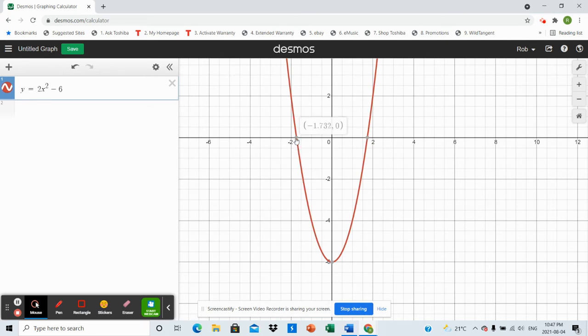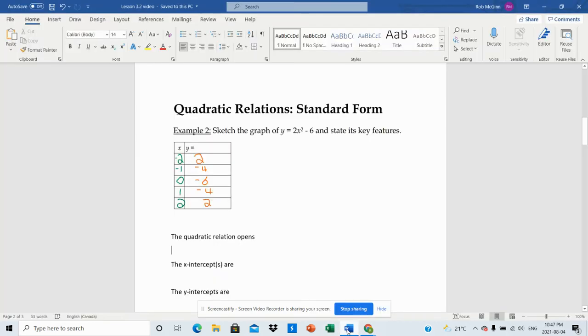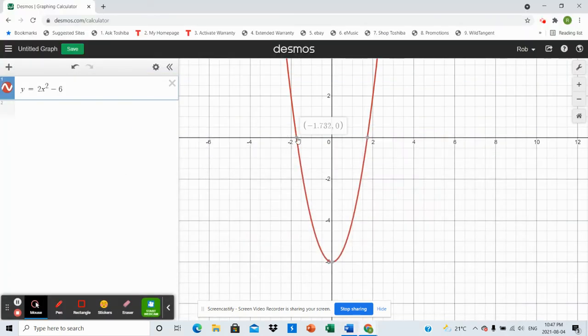My x-intercepts, if I look, not a very pretty number. Negative 1.732, 0, and over here, positive 1.732 and 0. So Desmos is really good for that. So my x-intercepts are negative 1.732, let me double check that.